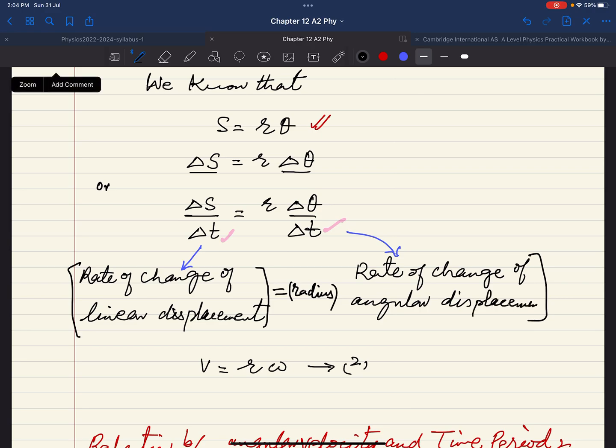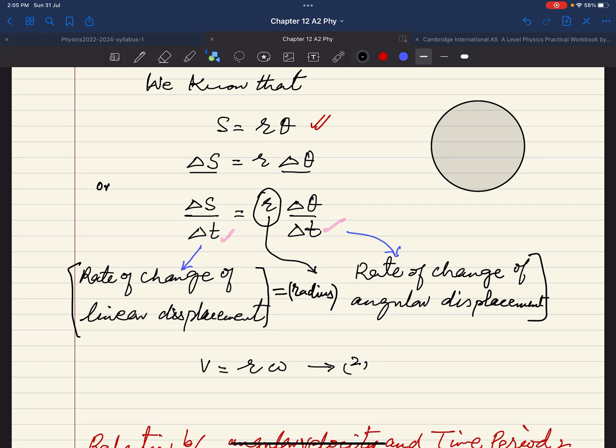The thing is that the radius is a constant factor. So you can say that the radius is a constant when we are talking about a body which is moving in a circle of radius r. This is what we have. This is the center of the circle O. This is your point which is rotating in the circle, and the initial position is say P. After some time it will be somewhere here, the new position P dash.